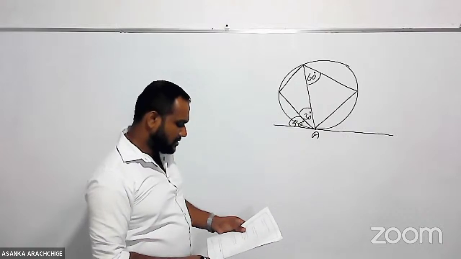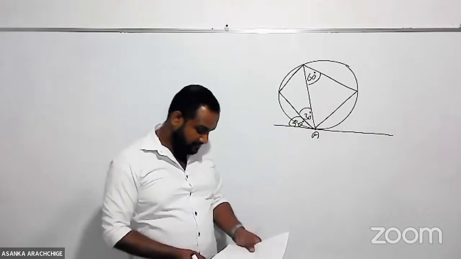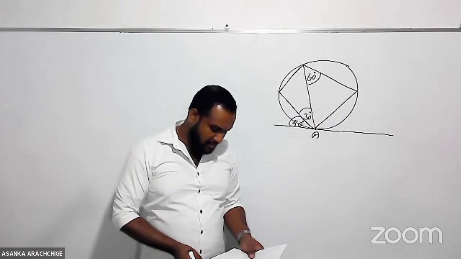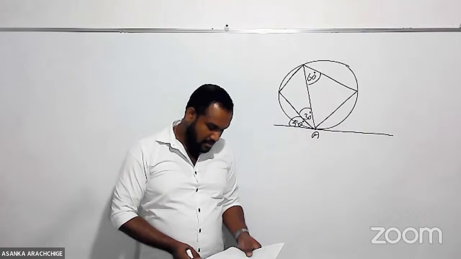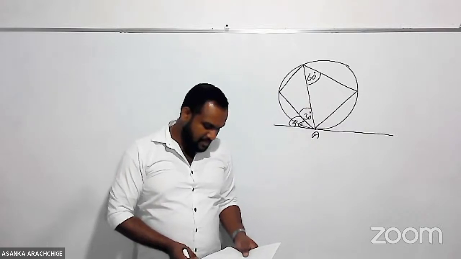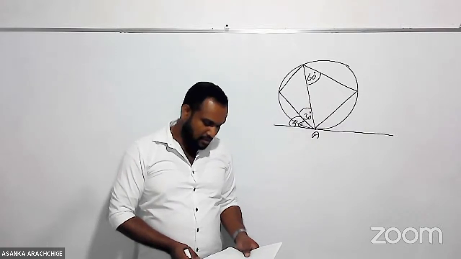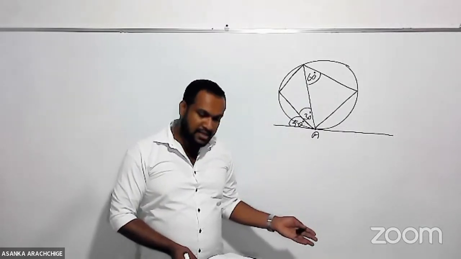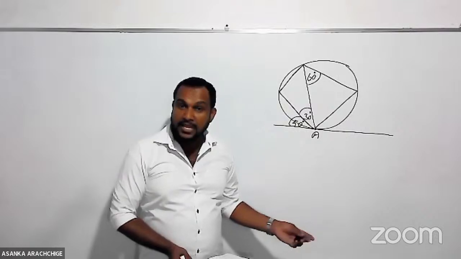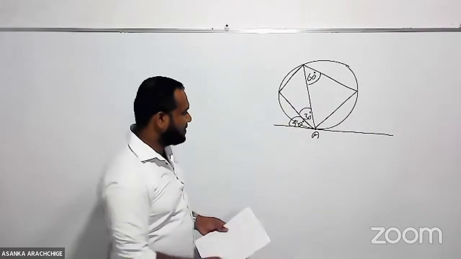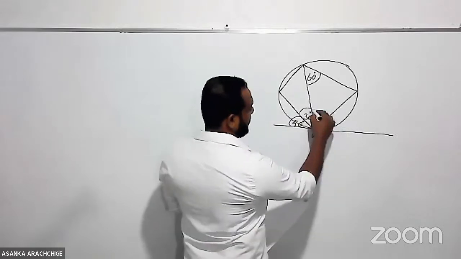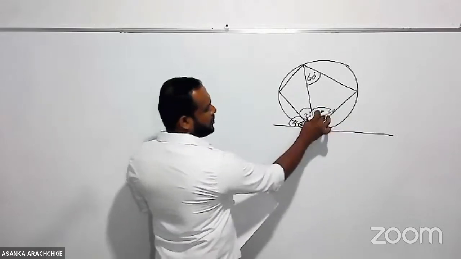CAD means what? Find the value of CAD. I think that must be CAB, okay? Not CAD, because CAD is already given, no? CAB means this angle. This is what you have to find.